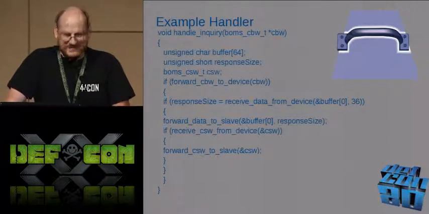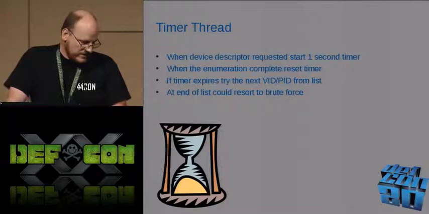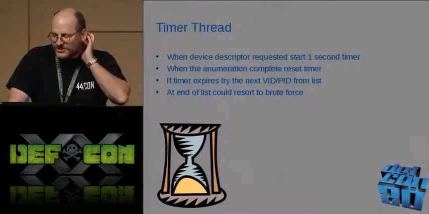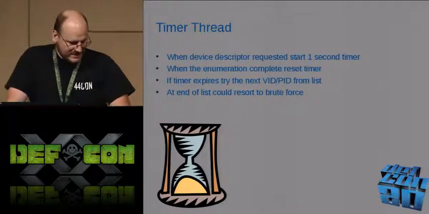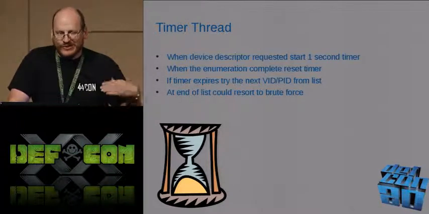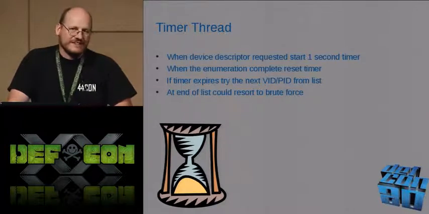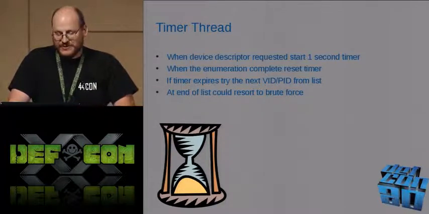It's not rocket science here. Right? The timer thread, as I said, will get started, and it will wait for additional queries for descriptors, and it will get reset if the device actually got fully enumerated.